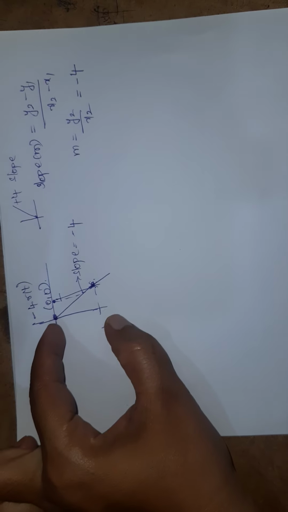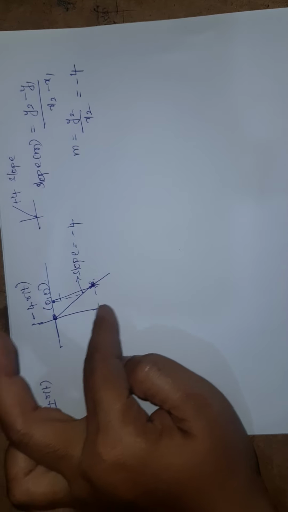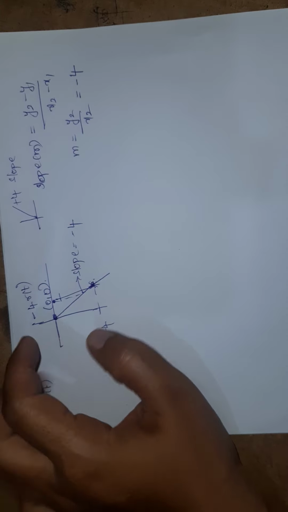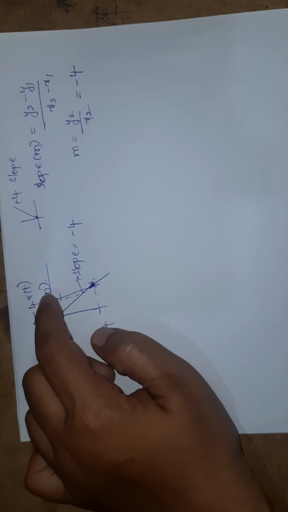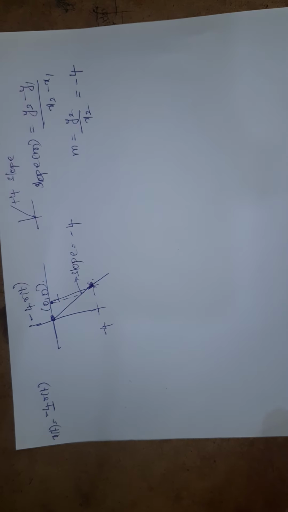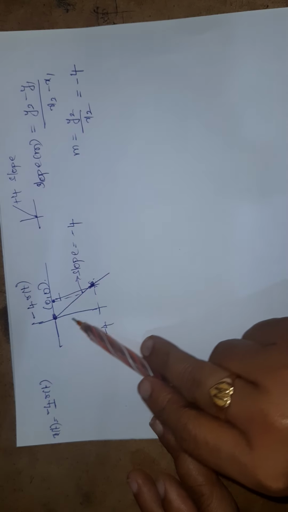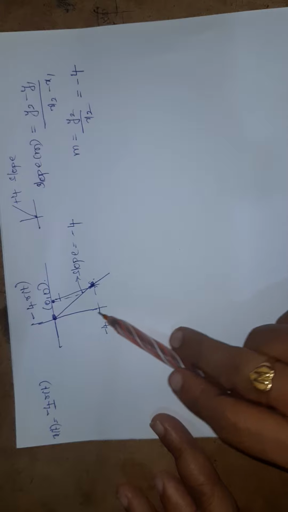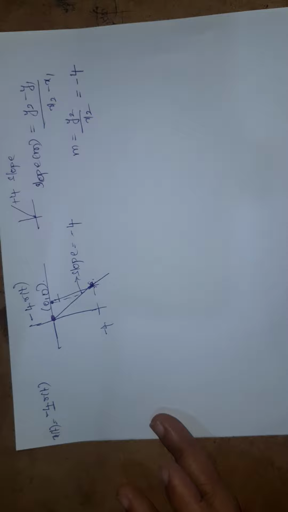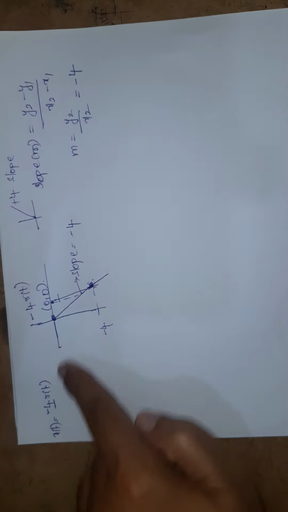Directly we have to consider the magnitude. Here the negative amplitude is minus 4. If it is minus 4 and it is 1 only, minus 4 by 1 will always give us minus 4. So you have to blindly consider it to get the slope minus 4. We have to consider the amplitude here. Because it is minus, you have to consider the negative values of amplitude that is below this horizontal line.